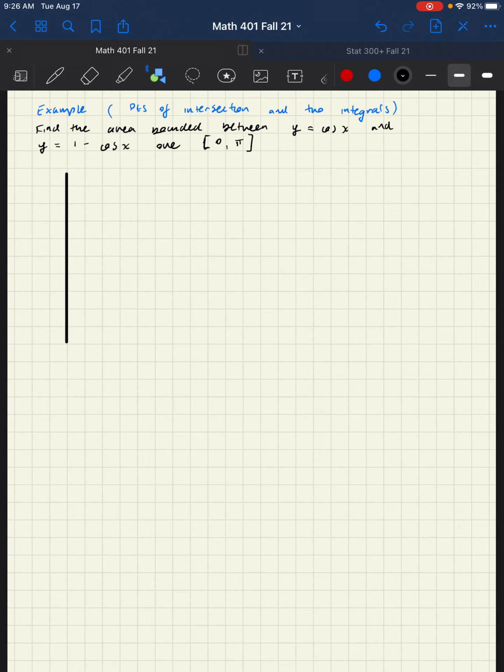So I'm going to have here my coordinate plane. And then my first curve, cosine of x, right? Remember that cosine starts at a peak and between, so let's make this pi over 2.